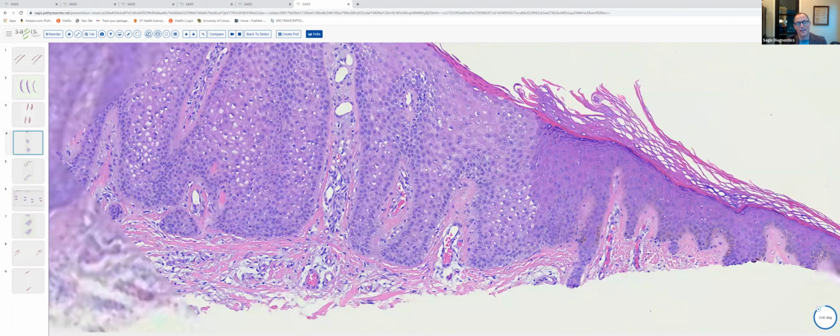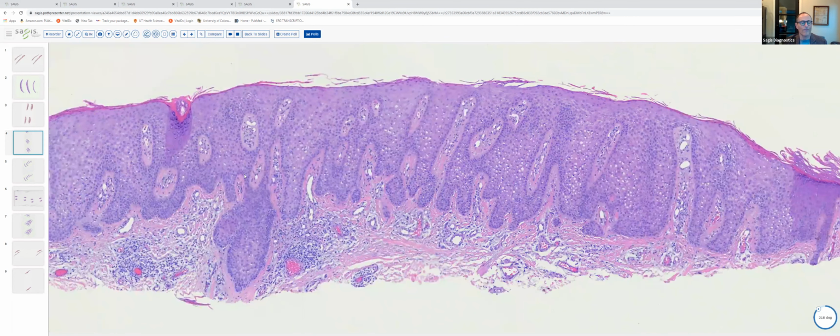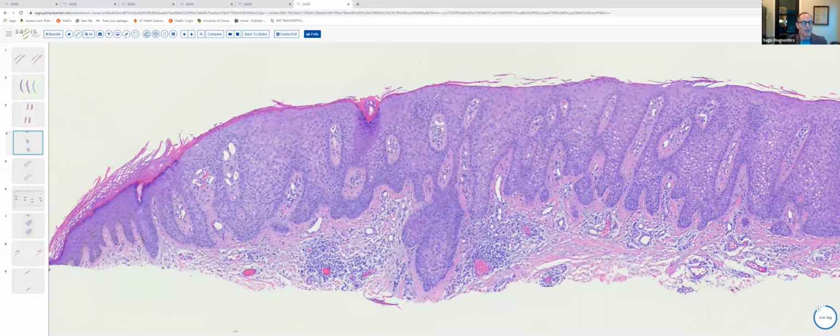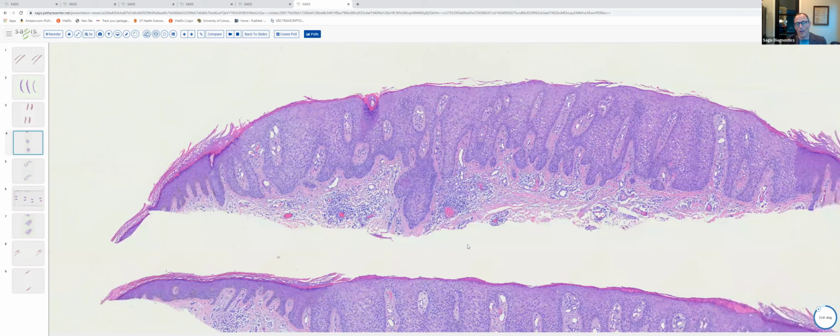No significant cytologic atypia here. And these findings are very characteristic of a clear cell or pale cell acanthoma, which likely represents just a benign keratosis, possibly even a seborrheic keratosis, in which there is a localized phosphorylase deficiency and accumulation of glycogen.